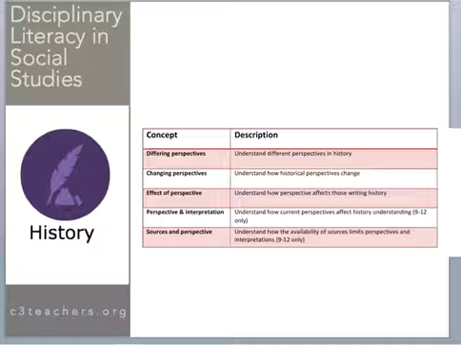Some people use this idiom about the winners writing history. Of course, we know that's not necessarily true, but there's a kernel of truth in it, and it reflects the conceptual reality that this notion of sources and perspectives is trying to get at. That what we have from the past is there because of things that happened in the past. And the sources that are there affect the way that we understand history.